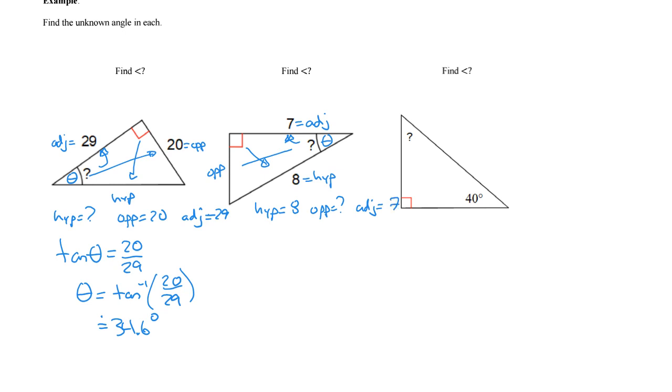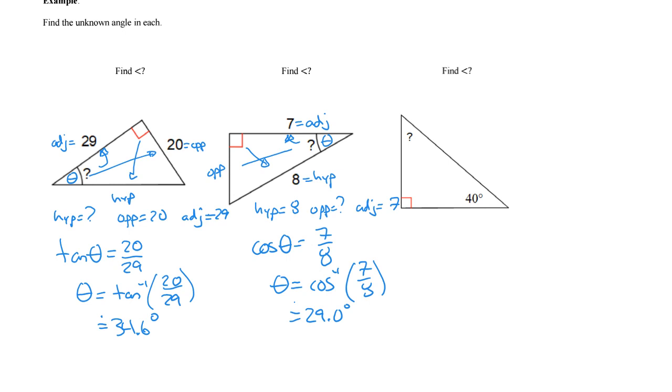So what trig ratio doesn't use the opposite side? That's cosine. The cosine of theta equals the adjacent side divided by the hypotenuse. On my calculator, I would do the second function, cosine, and that gets me approximately 29.0 degrees.